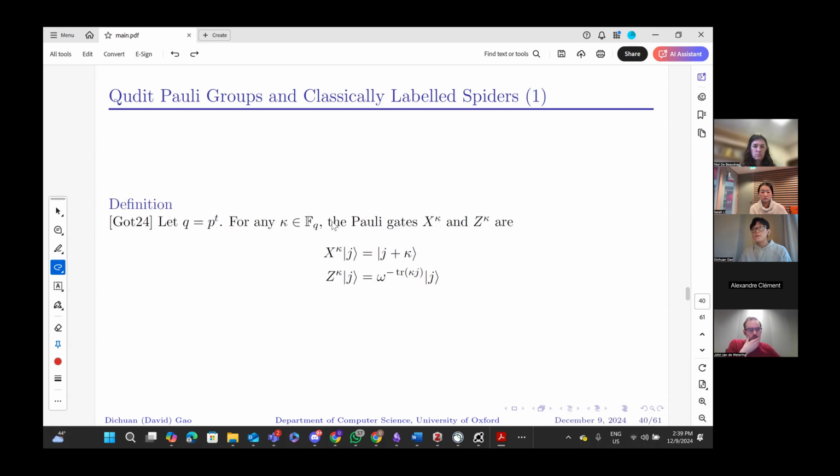Sorry, Dichuan. When you say abstract exponent, should I think of this as a map that goes from the field F_Q to this unitary space? Like for every element of the field, I have a unitary, X and Z. So X is a function of kappa and Z is a function of kappa, such that if I apply X of kappa 1 and then X of kappa 2, this is equal to X of kappa 1 plus kappa 2.